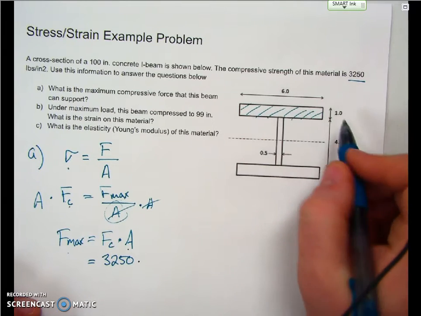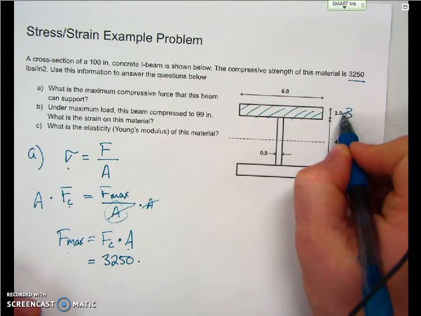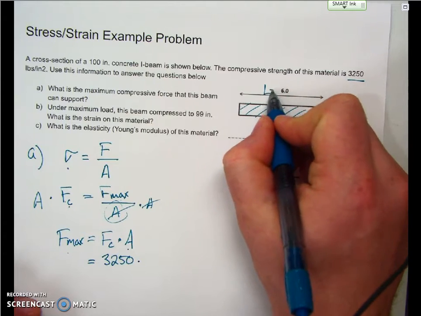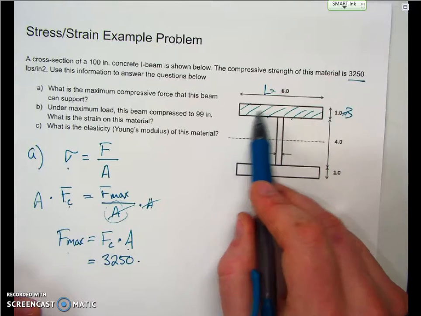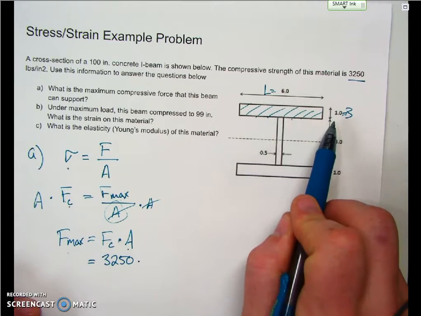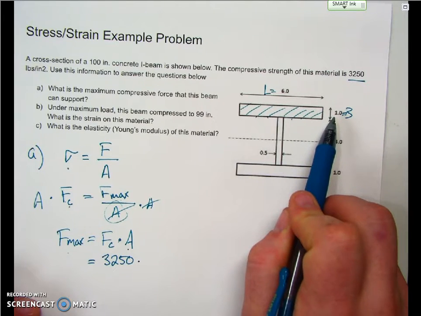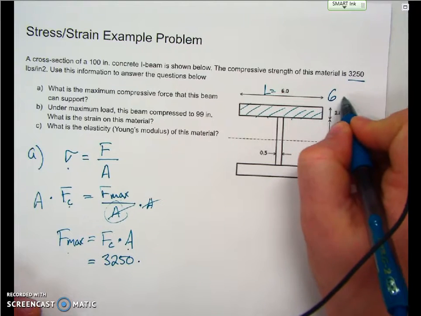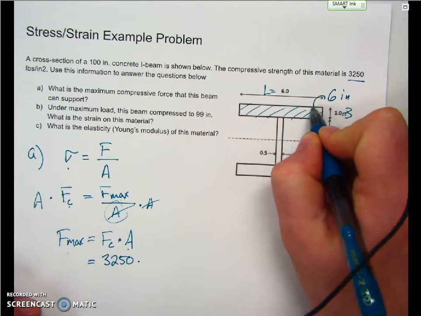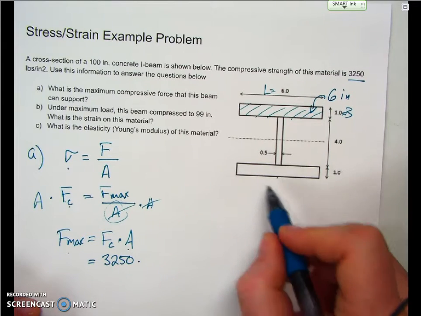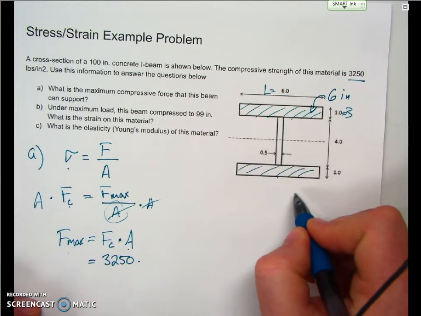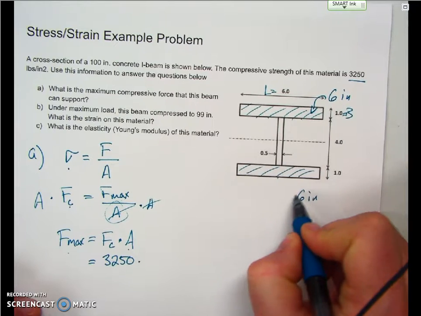So that's what B and L is in our worksheets. And so this is pretty easy to figure what the area of this rectangle is. So 6 times 1, that's length times width. This is going to be 6 square inches. And it looks like the I-beam down here matches that. So again, this is 6 square inches.